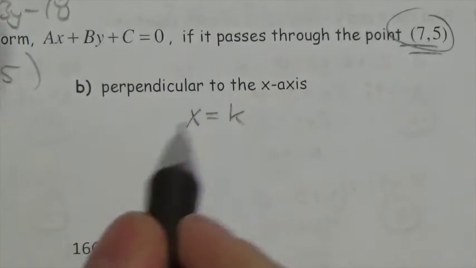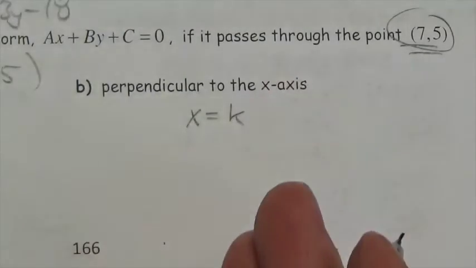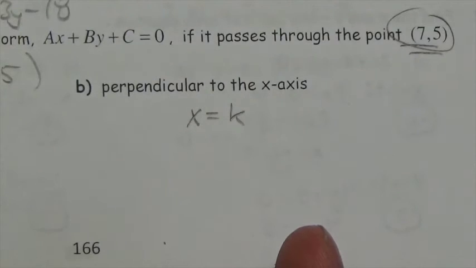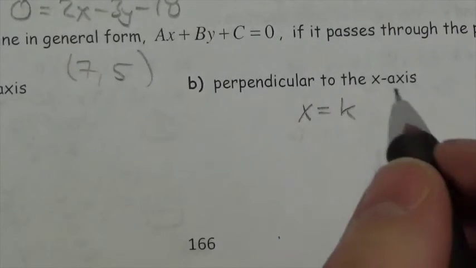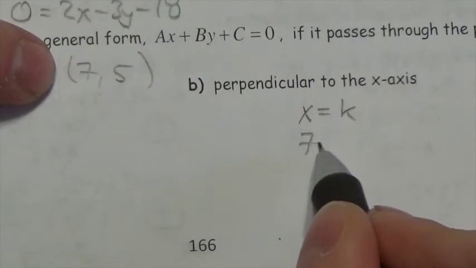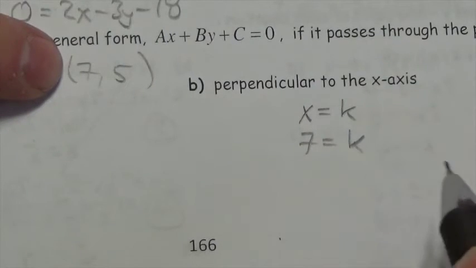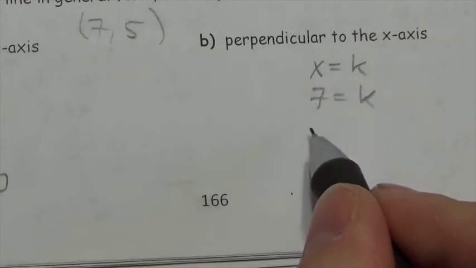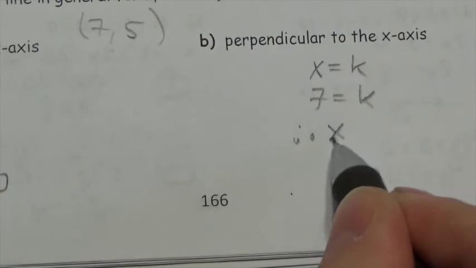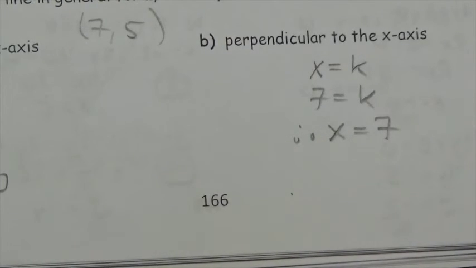Because remember, a vertical line, all of the x coordinates are going to have exactly the same coordinate here. So in this particular case, if we plug in the value of x that we've got from the point, we get 7 is equal to k. So therefore, the line is going to be x is equal to 7.